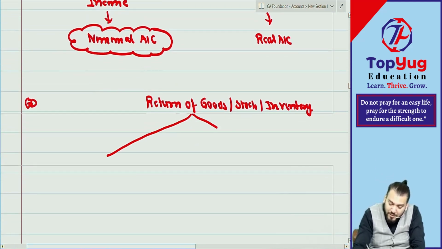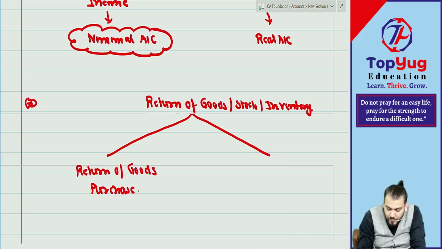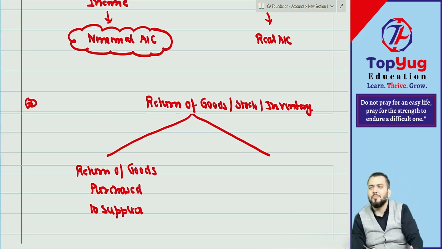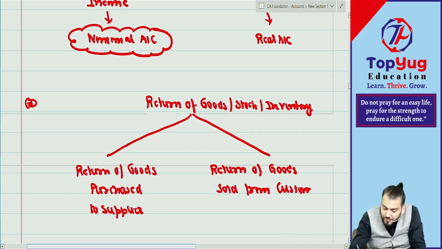So there can be two types of return. Return of goods purchased to supplier. Supplier means the person from whom we purchase goods. Or return of goods sold from our customer.